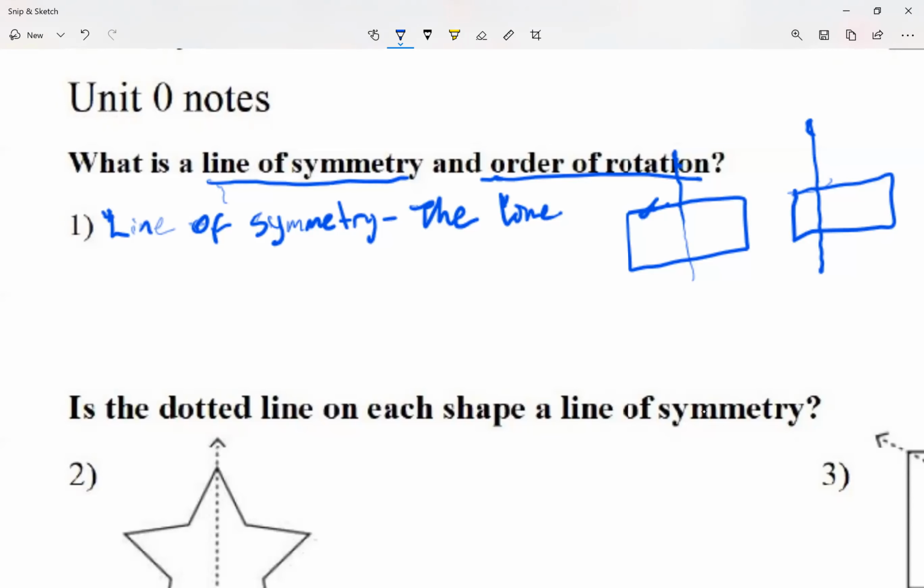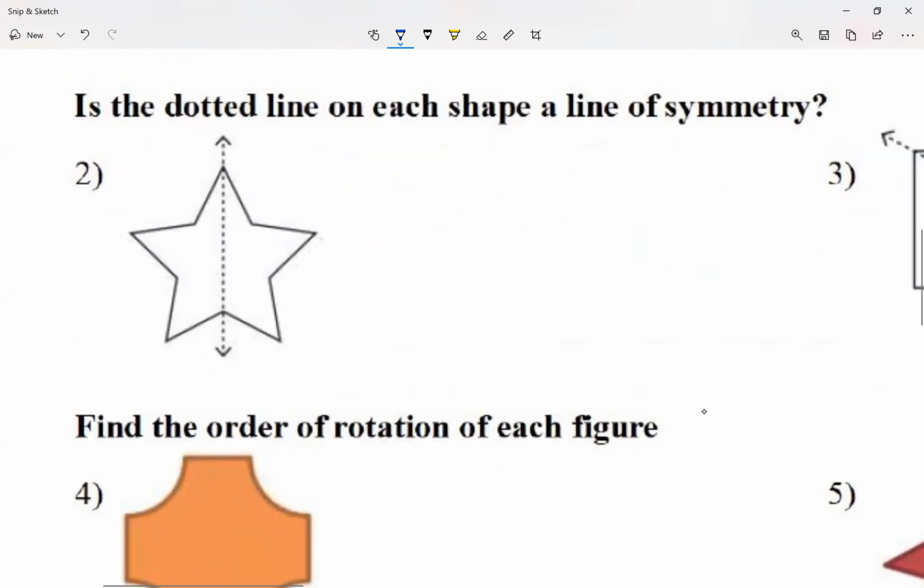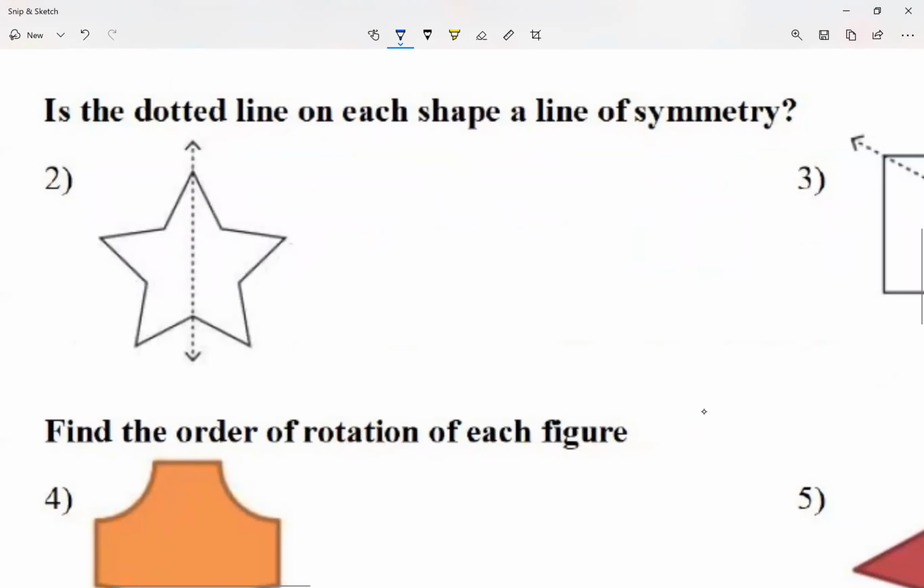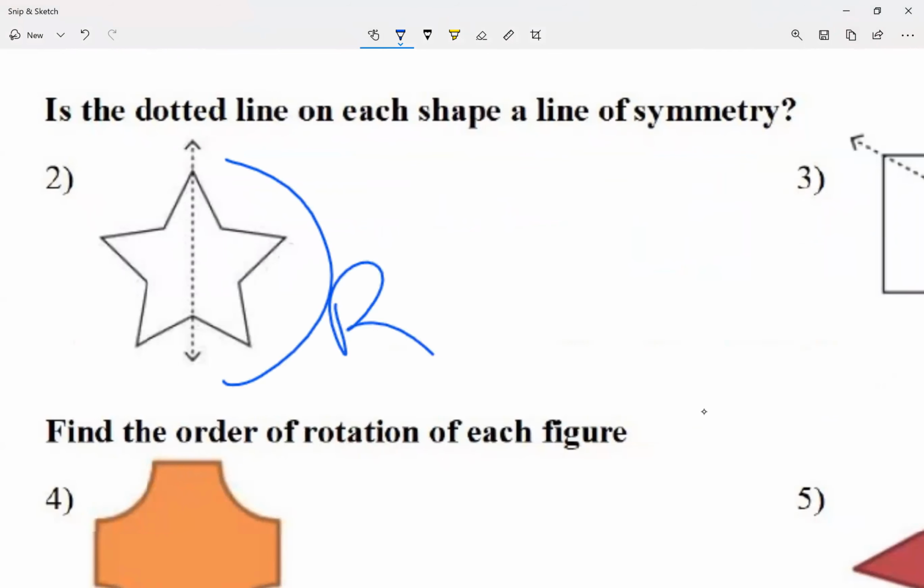So let's take a look. For example, here number 2. My question here is, is the dotted line on each shape a line of symmetry? So you see my dotted line, and I'm going to call this the right side. If I was to reflect it, does it give me the left side?